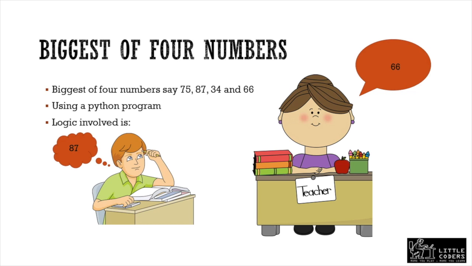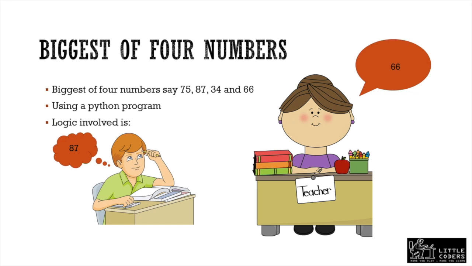Then they get the third number, and if that is greater than the number stored in the mind, it will replace it, otherwise they retain the same number. Similarly for the next number. So that is the logic that has to be used. Normally we use this in a classroom when we want to find out the biggest of 4 numbers.